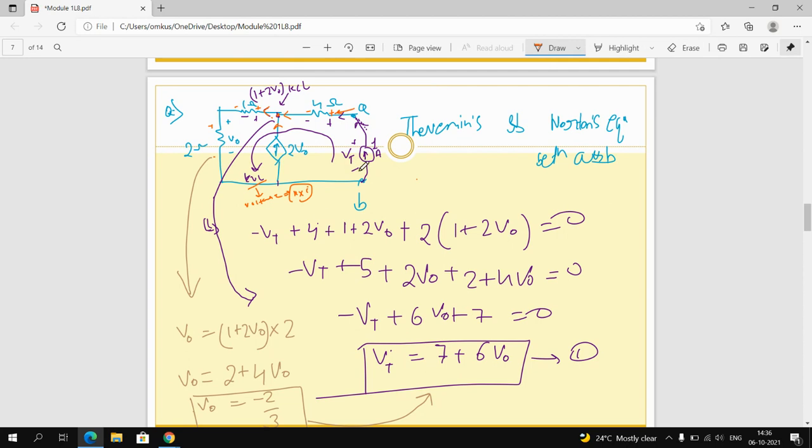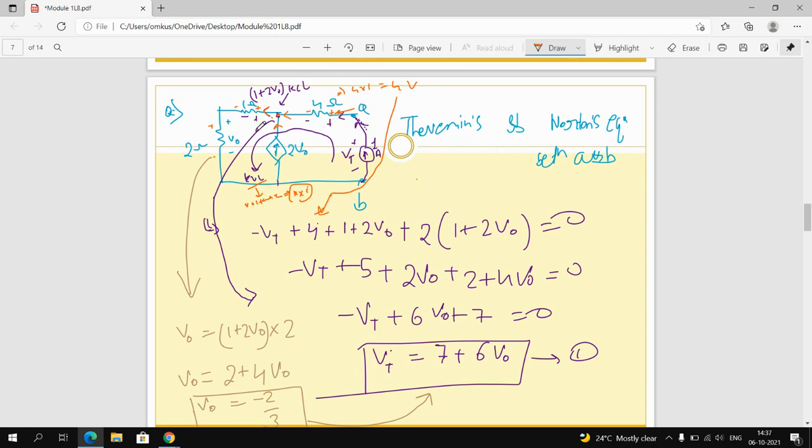This is VT. The first potential is minus VT, so minus VT plus this potential, where the current is 1 ampere and this is 4 ohm. So 4 into 1 is 4 volt. I directly wrote here 4 volt.